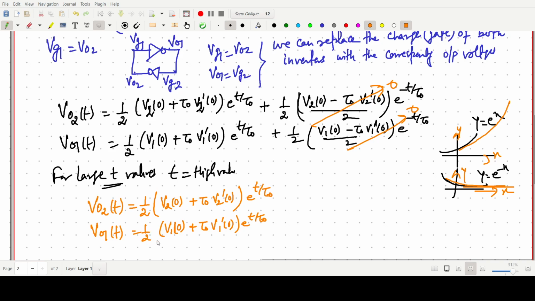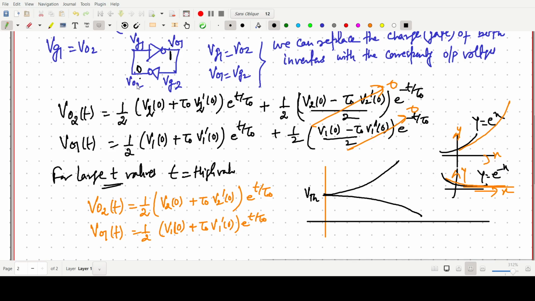Now, this is the magnitude of both output voltages, because initially we started with a condition that both are at the unstable point, say VTH. After that it will either go like this or this, and both are connected as an inverter, V not 1 and V not 2. So if this one is 1, the other is 0, so it will be inverted, for a small potential.